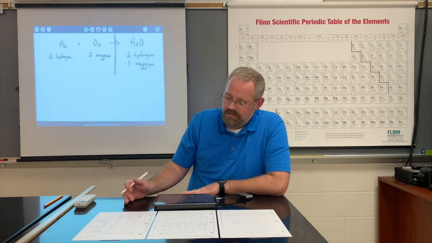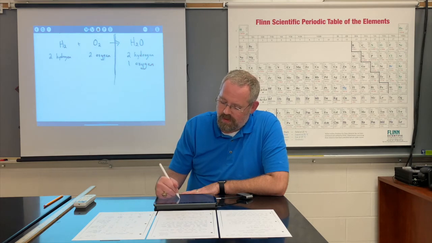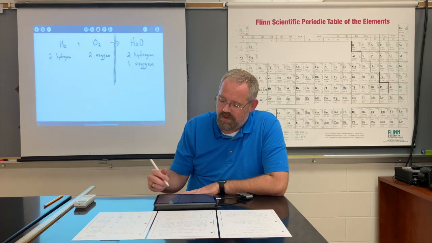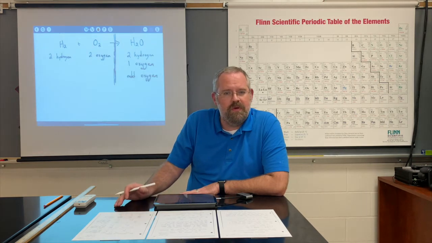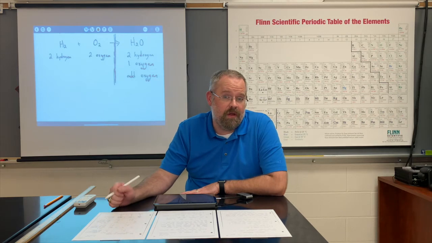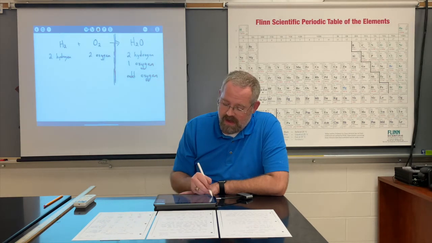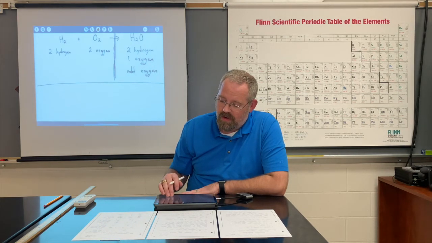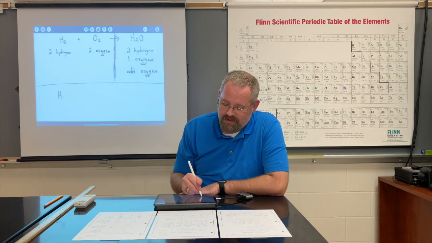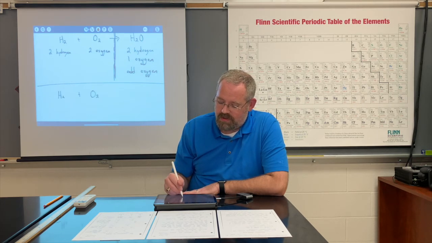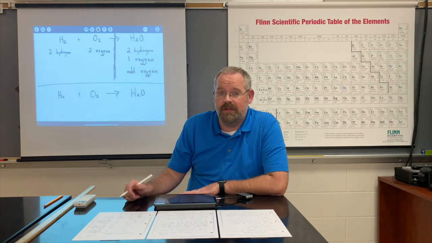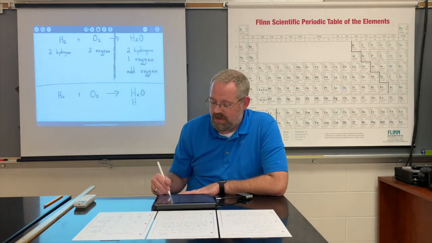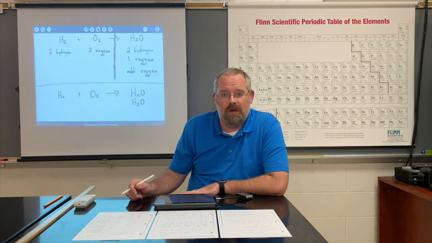So in order to make both sides of this equal, we need to add oxygen to the right. But here's the problem: you can't just add a half of a molecule. The only thing that I have to go with on my right side of my equation is water. So the only thing that I can add to the right side of my equation is a second water molecule.